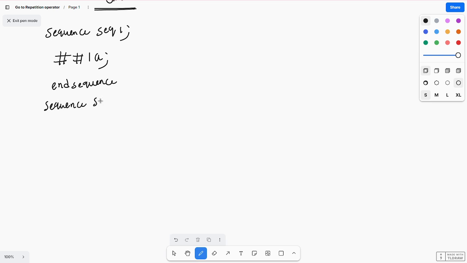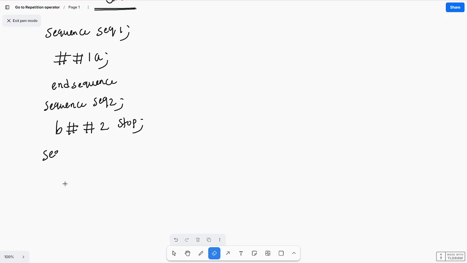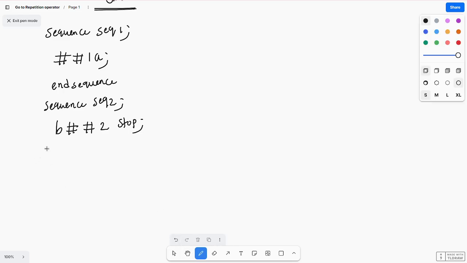Let us take sequence 2, and b, so after 2 cycles it should stop. End sequence. Now I need to write the property.